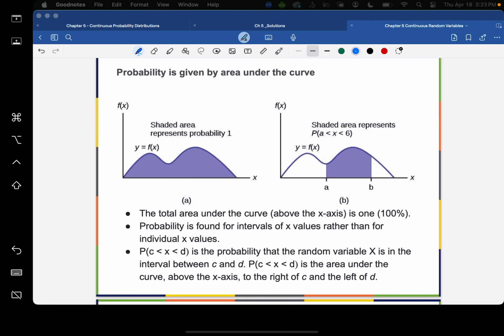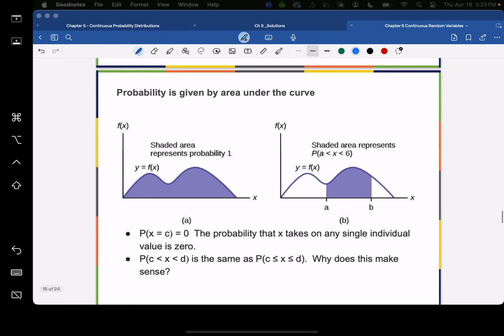This is slide 15, and we already basically talked about this. On the next slide, I just wanted to point out to you this strange little fact.